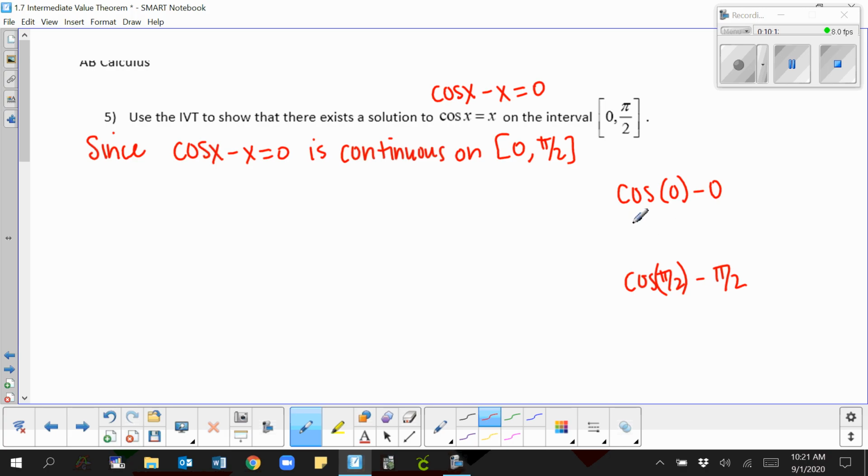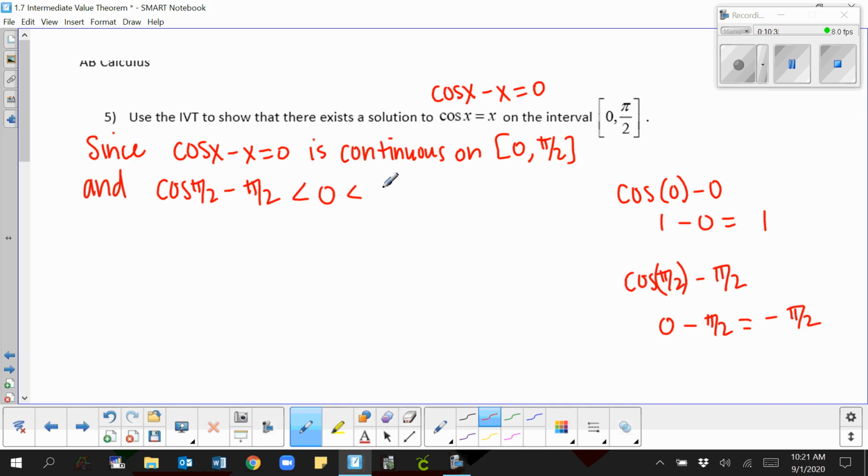Well, the cosine of 0 is 1, minus 0 gives me 1. And then the cosine of pi over 2 is 0, minus pi over 2 gives me negative pi over 2. So I'm going to say the cosine of pi over 2 minus pi over 2 is less than 0, which is less than the cosine of 0 minus 0.